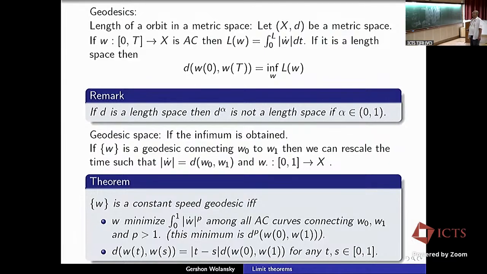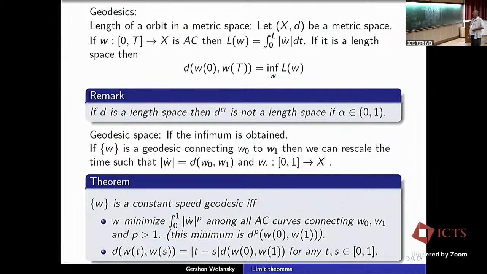And for any geodesic, we can reparameterize the time such that the derivative of this path on the interval 0 to 1 is just the distance between W0 and W1. This is the general characterization of constant speed geodesics.